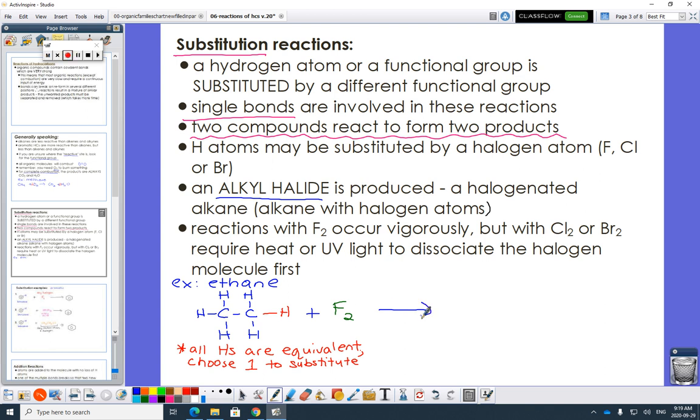Okay, so on ethane, I take away this hydrogen, and remember, I just picked one. You don't have to pick the same as me if you prefer a different one.